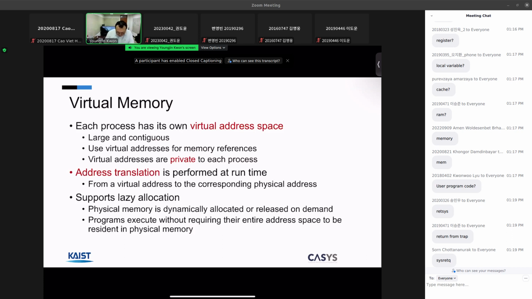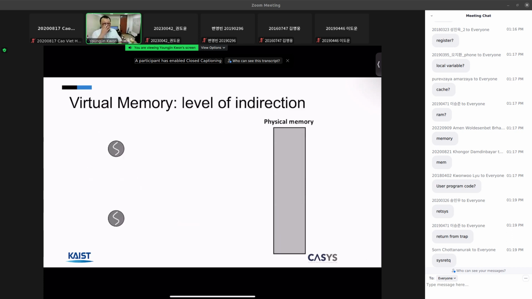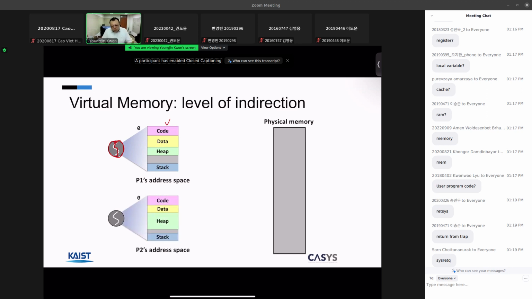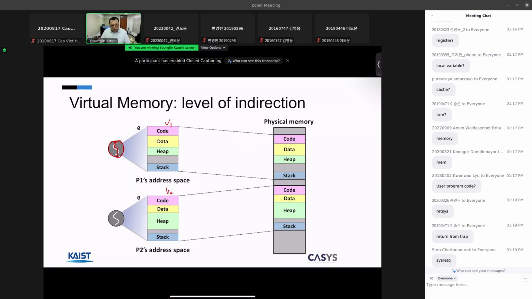This is a kind of summary of virtual memory, but before that, I want to explain this one. One process having a thread has this stack, code, and heap, and the other process also has its code, data, stack, and heap, and virtual address space 1 and virtual address space 2 are mapped into physical memory. So this is the concept of a level of indirection, virtual address here, and there is a specific address translation mechanism.